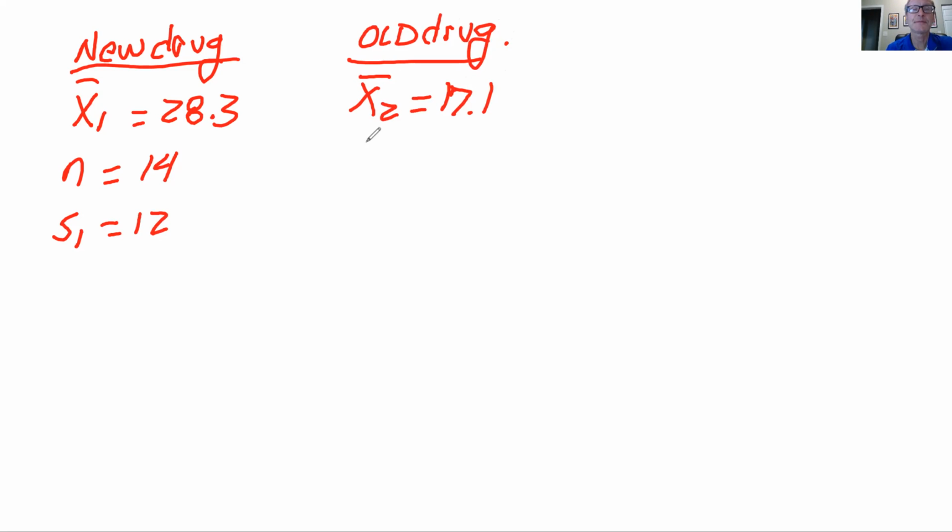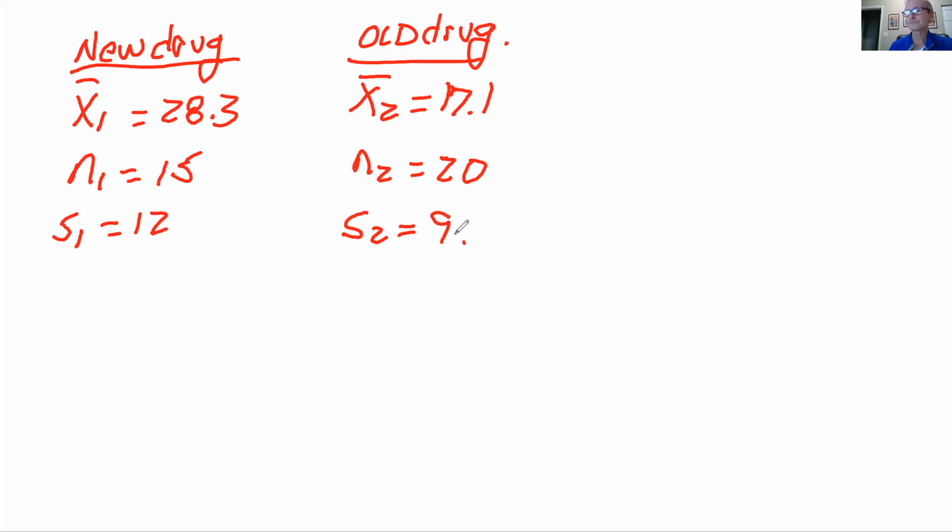I have n first, so let's keep this consistent, we'll call that n2, which was 20. Oh, I'm sorry, let me fix this. I'm reading the numbers wrong. n1 was 15. I was looking at the degrees of freedom, which we'll talk about shortly. And the standard deviation here was 9.